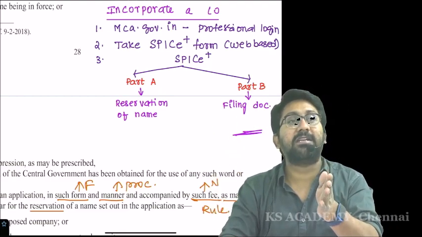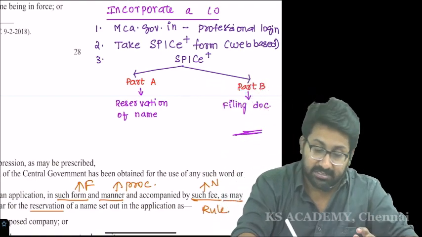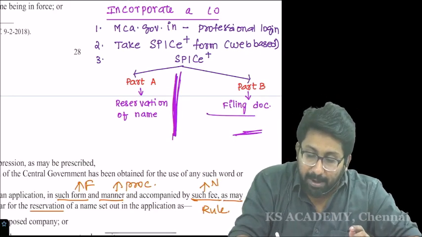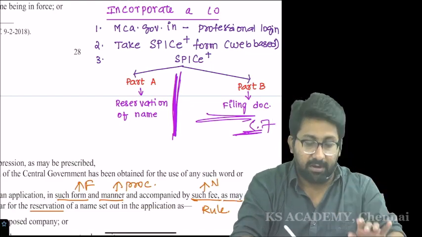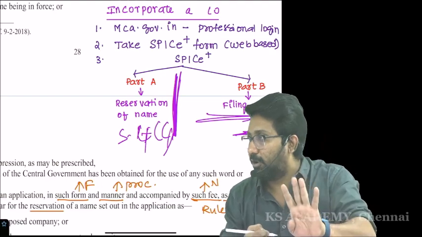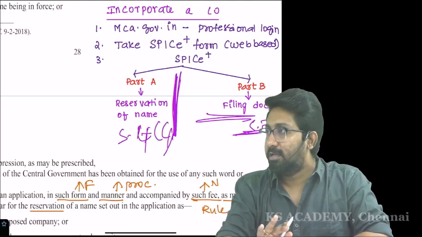Incorporation of a company is a second game, which we will see in section number 7. I am restricting my discussion only to reservation of name. About part B, we will discuss in section number 7, not today. Now I am discussing section number 4, subsection number 4.